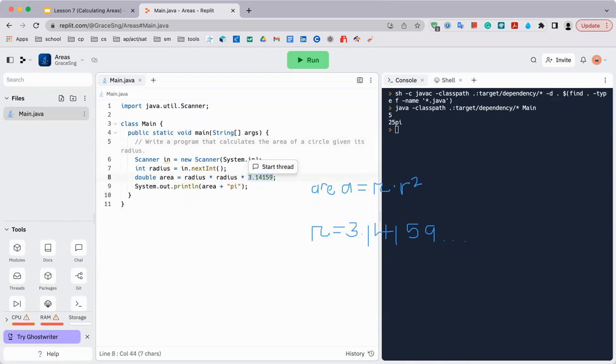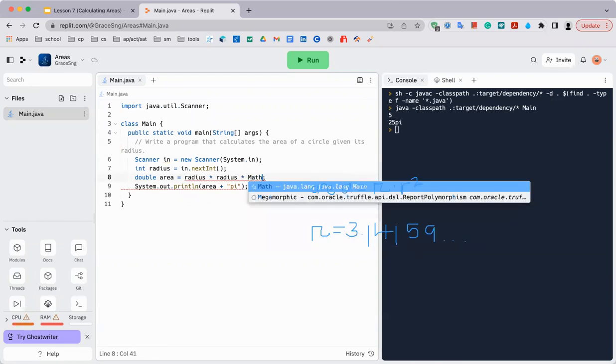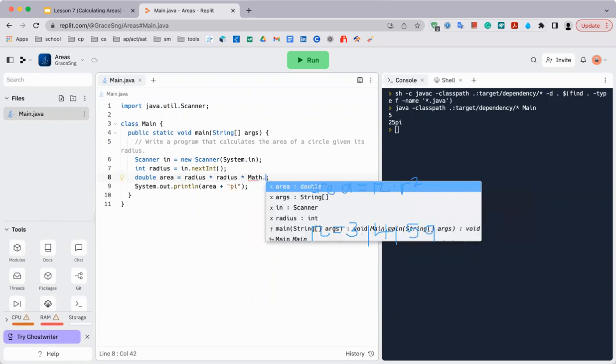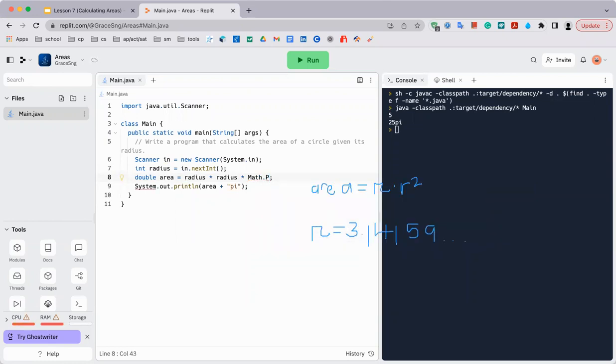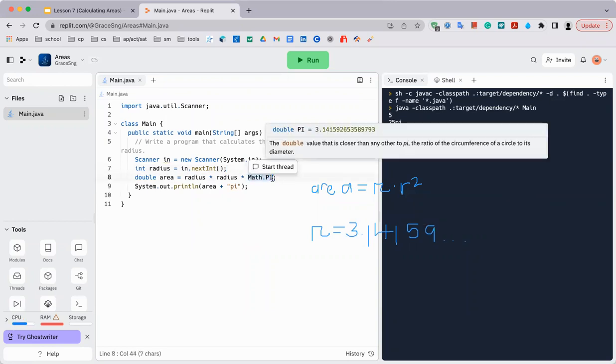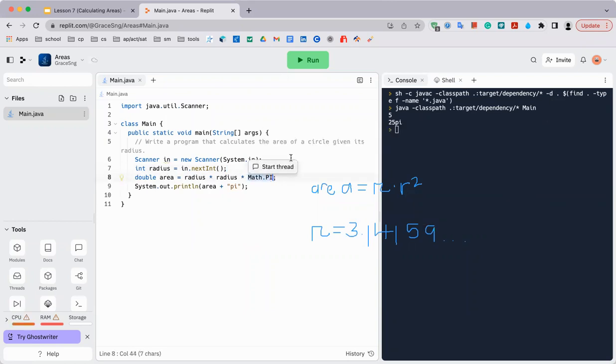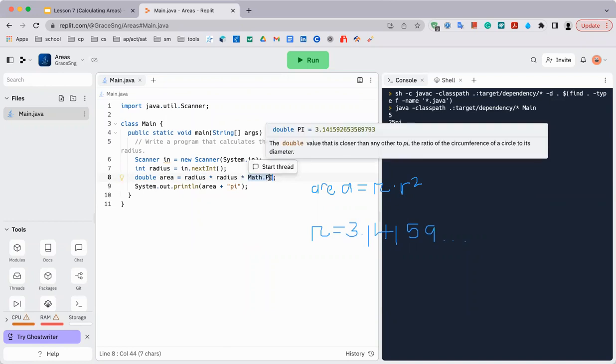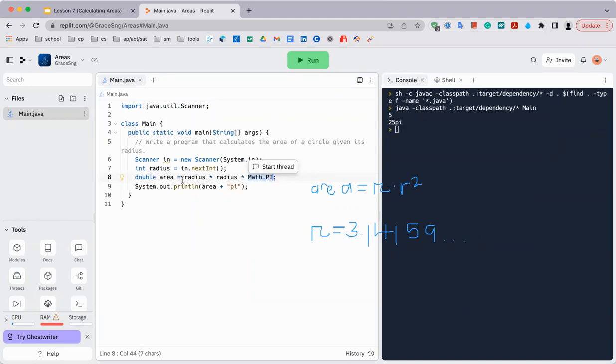We're going to use the math library, and there is a Math.PI here, and this is the exact value of pi. So as you can see, if I hover over this, it shows the value that has a lot more decimal places, so it will be a lot more exact for our result.